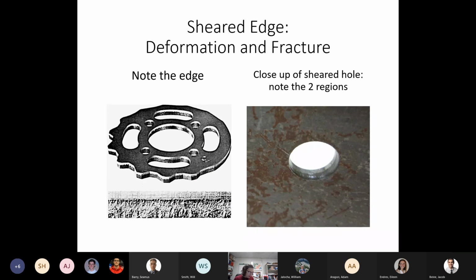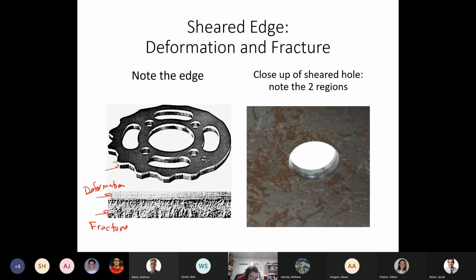So a sheared edge. I've got a couple different examples. Here we have this particular part that was sheared, and we can even see we've got some different colors here, where we have deformation and fracture. And so a sheared edge is very distinctive.